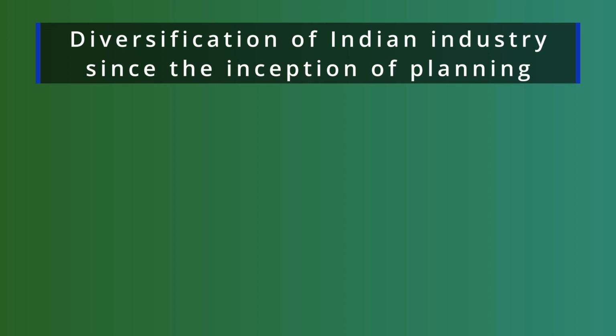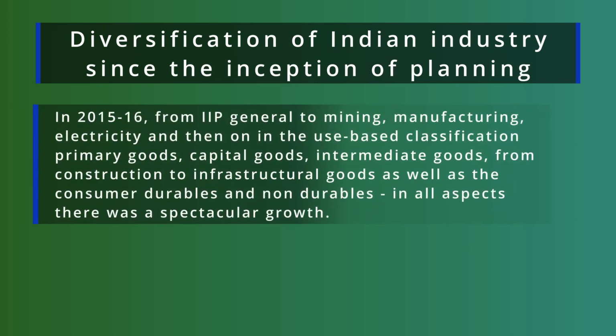Now, if we look at the diversification of Indian industry since the inception of planning, and if we look after 2013, at 2015-16 and 2016-17, you can see in this slide that starting from the IIP general to mining, manufacturing, electricity, and then the use-based classification, the primary goods, capital goods, intermediate goods, from construction to infrastructural goods, as well as consumer durables and non-durables.